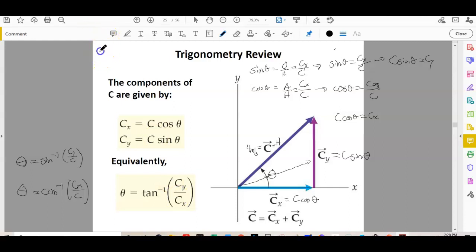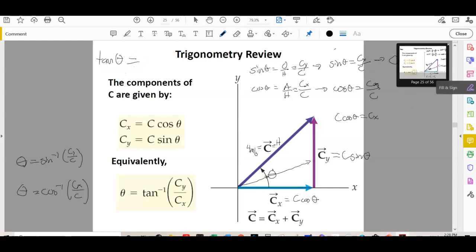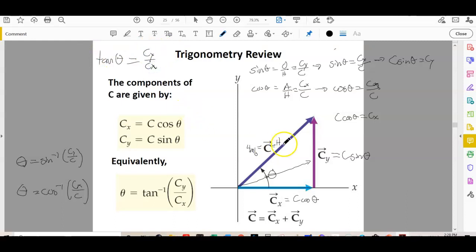Because in this case, tangent of theta is equal to cy over cx, or tangent of theta is equal to opposite over adjacent, which in this case is cy over cx. So you take the inverse tangent of both sides, and that's how you get the angle theta.